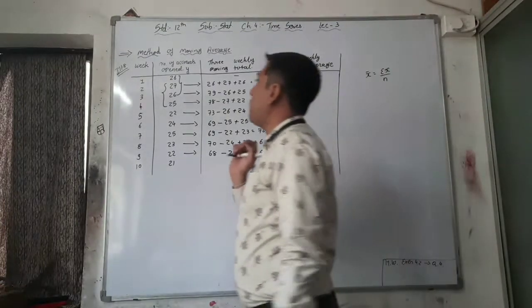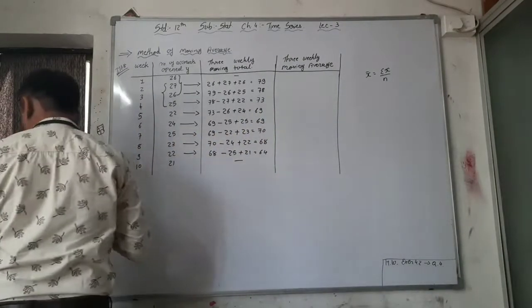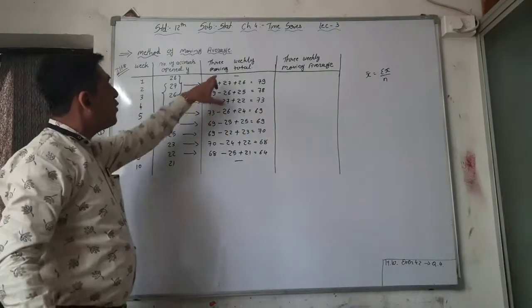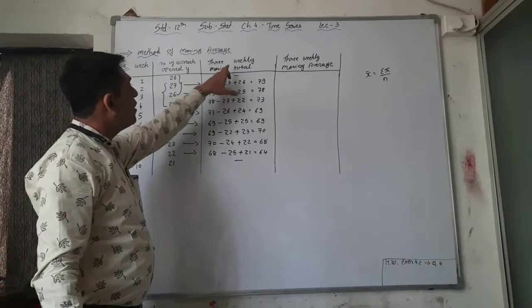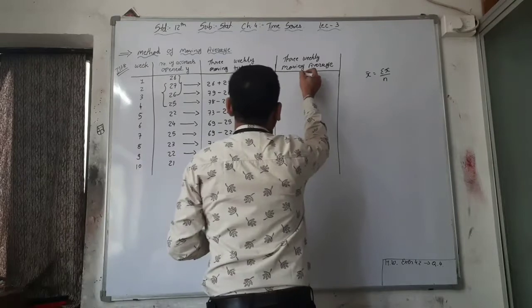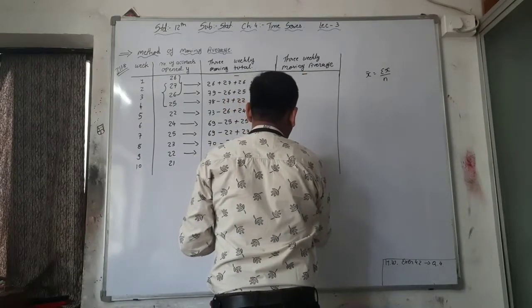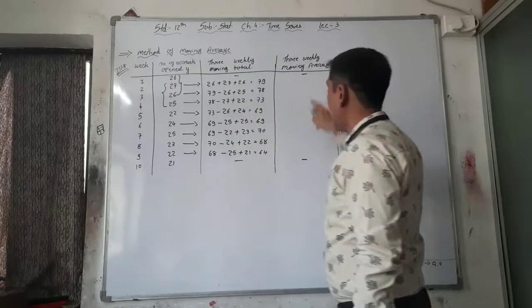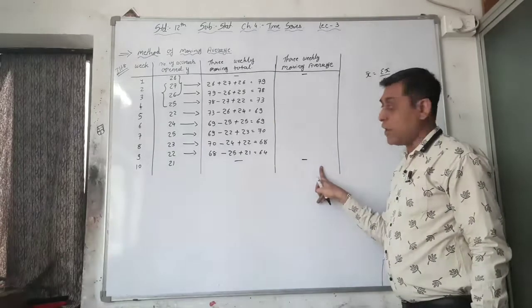So at the time of 3 year or 3 weekly moving average, we have to just write dash in the first and last year or week.